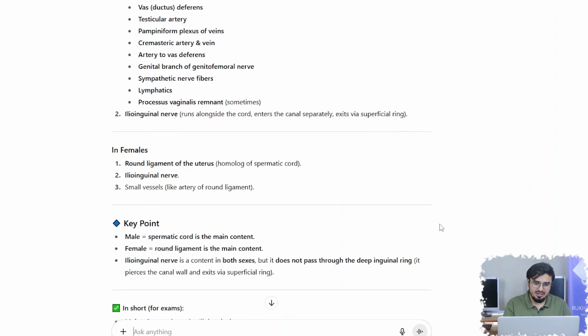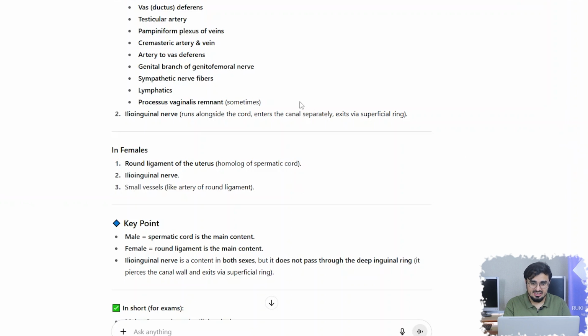In terms of females, we do not have vas deferens. Its homologue is going to be the round ligament of uterus. For spermatic cord, there's going to be a round ligament of uterus.